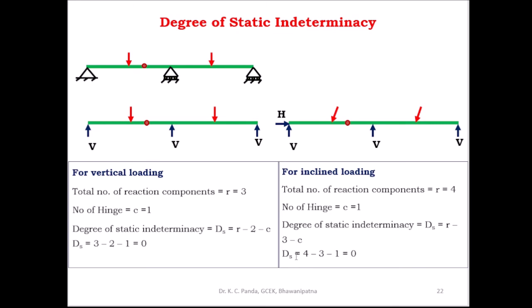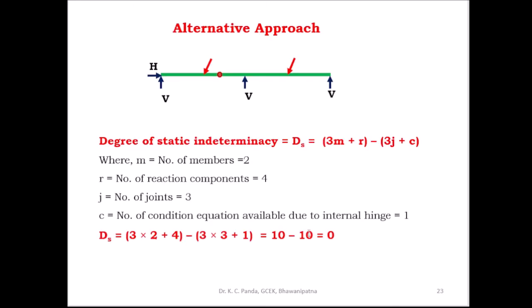You can find the degree of static indeterminacy using the other approach as well, when subjected to inclined loading. Here ds is equal to 3m plus r minus 3j plus C. So here you have to find the number of members, the number of reaction components, the number of joints, and the number of condition equations available due to the internal hinge. As the loading is in an inclined direction, at the hinge support there are 2 reaction components, one horizontal and one vertical, and at the roller support there is only one vertical component.